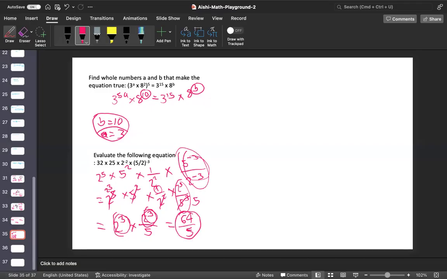So if we can cross out 2 to the power 5 and 2 to the power 2, we are left with 2 to the power 3, and 5 to the power 2 and 5 to the power 3 gives us 5 in the denominator. So we're just left with 2 to the power 3 times 2 to the power 3 divided by 5, which gives us 64 divided by 5.